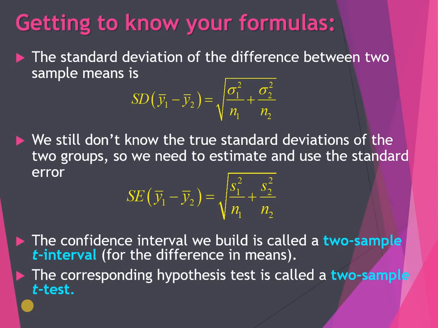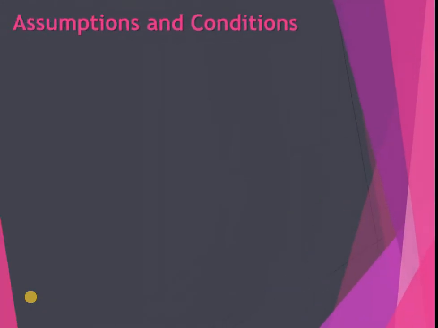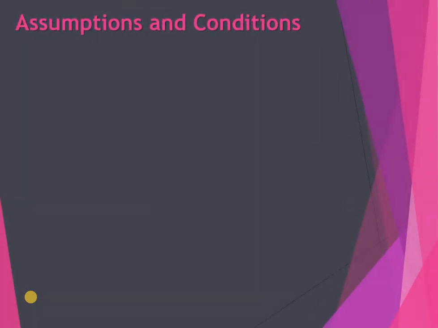Hopefully nothing here has blown your minds. You all right? Okay. All right, so our assumptions and conditions. Guess what? They're the same. Except for, what did we do when we went from one proportion to two proportions? Independence of groups.